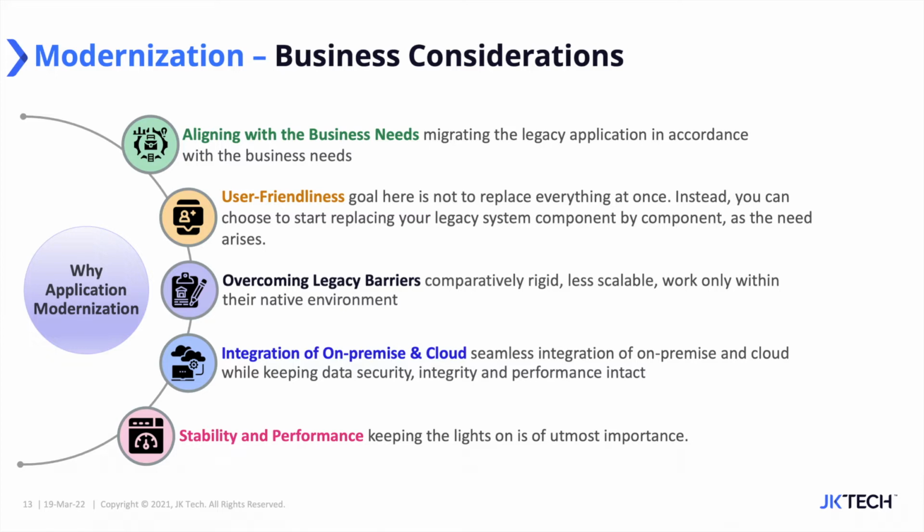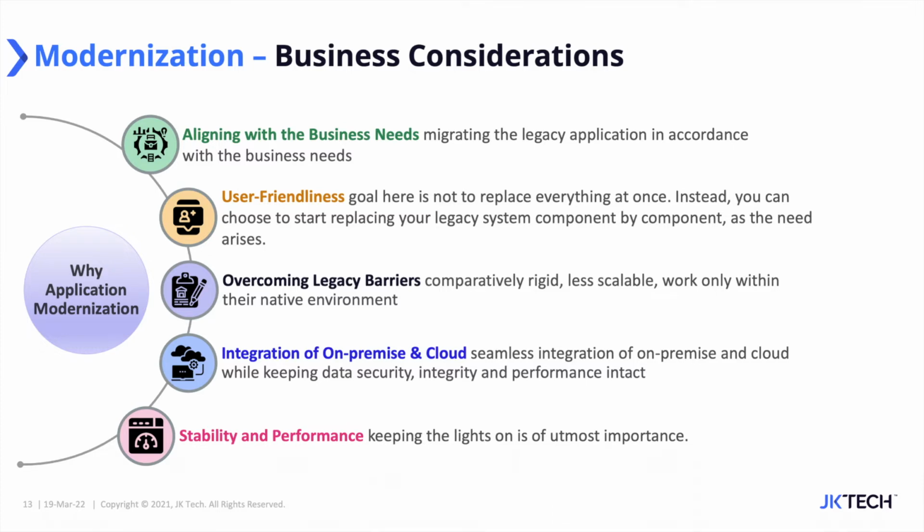That's a business consideration to be made. And then overall stability and performance, because these are going to be essentially 24/7, needing to be up and running all the time. You need to have very minimal maintenance windows, if at all. These are the key business drivers that push companies towards application modernization as of today.